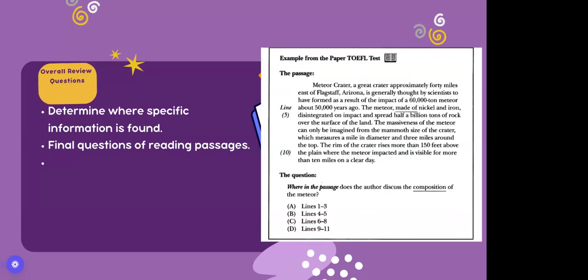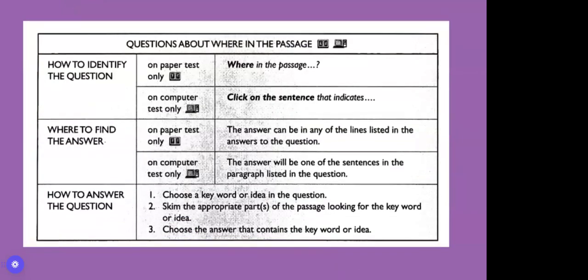And the first type of question looks like this. You will be asked to determine where in the passage the author discusses a specific topic or part of the text. Now, how can you identify this question?